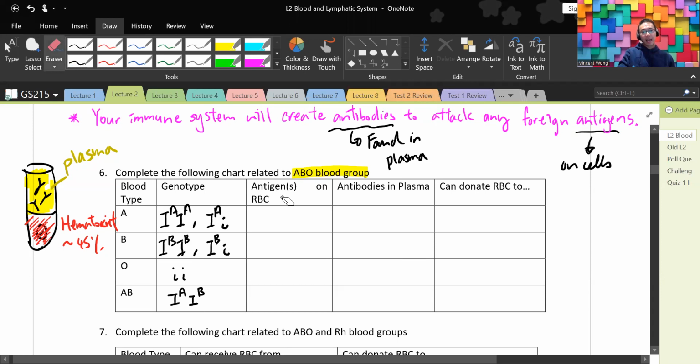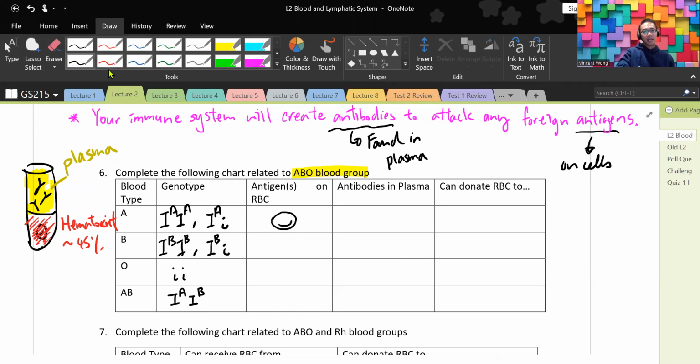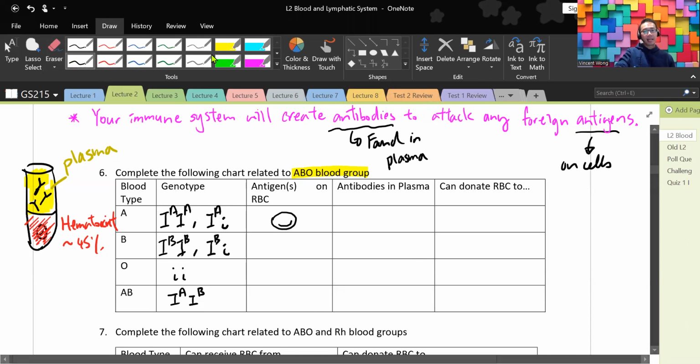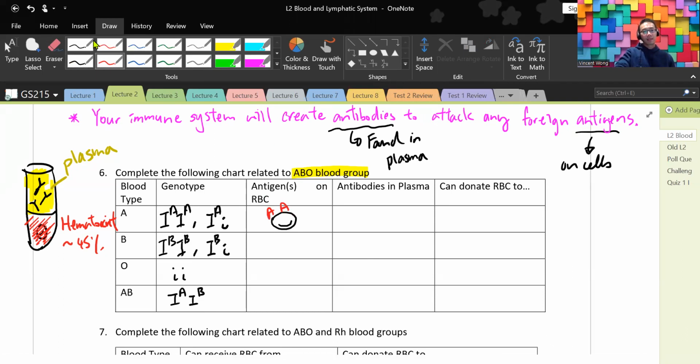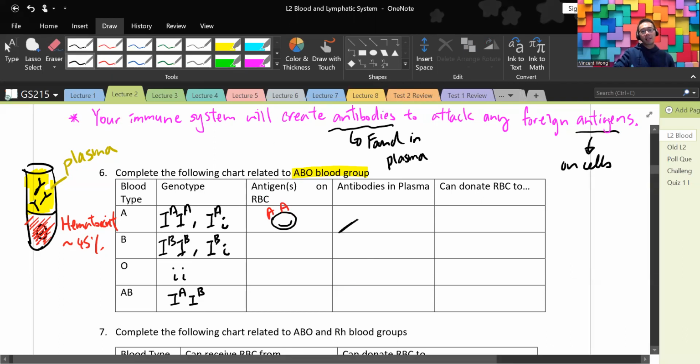Let's take a look at the antigens on the RBC, red blood cell. There is my red cell with a biconcave disc in the center. If this is a type A person, then they would have the A protein on the surface. So what kind of antibodies will the person have in the bloodstream?